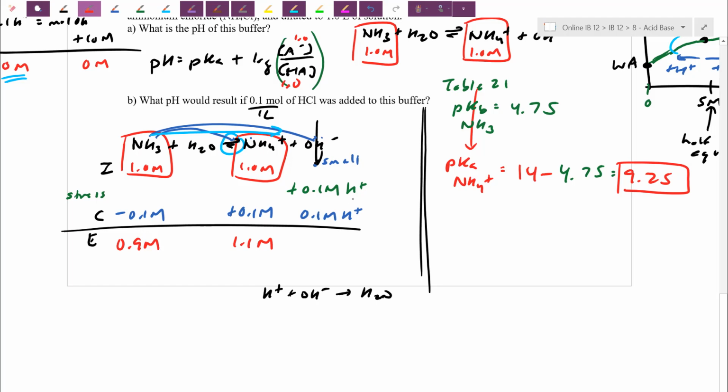Now let me clarify this a little bit. On the ICE table, we are tracking the hydroxide concentration. So in some sense, I shouldn't really be adding the 0.1 molar H+ like this. I just know that adding 0.1 molar H+ is going to use up 0.1 molar of the hydroxide. So at first I lose 0.1 molar hydroxide, and as I shift to the right, I gain 0.1 molar back.